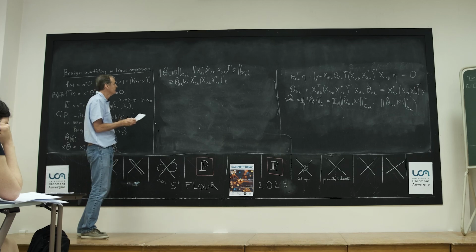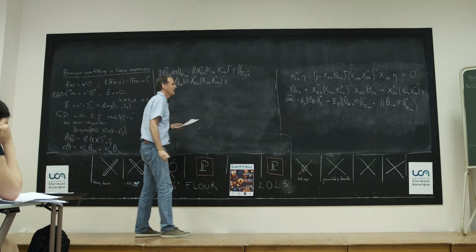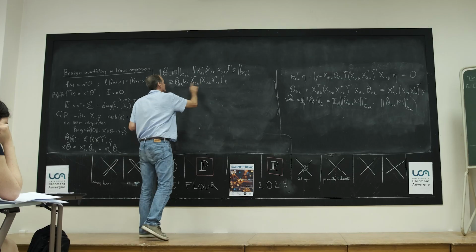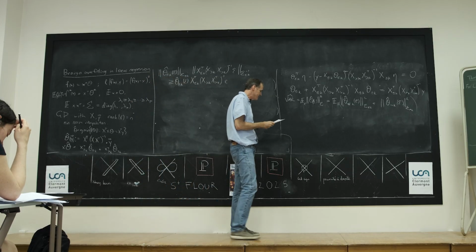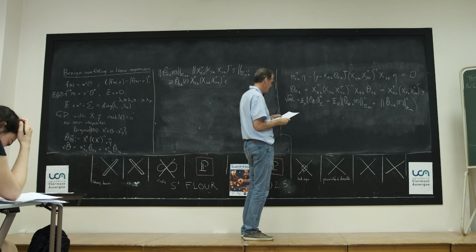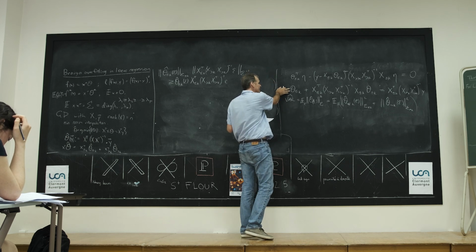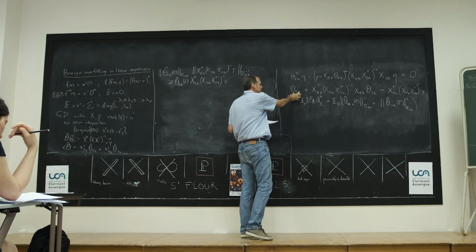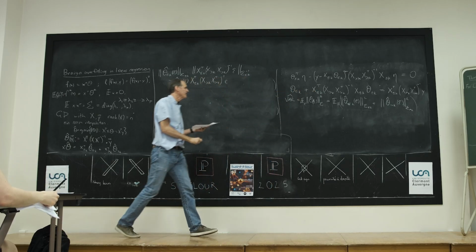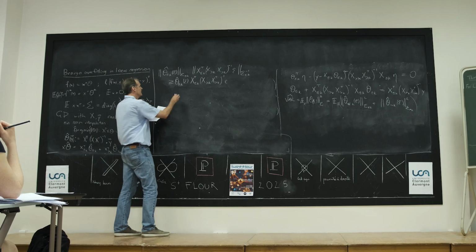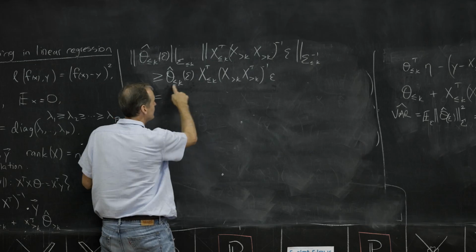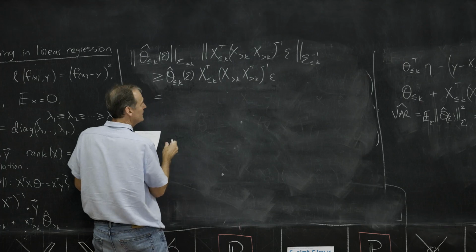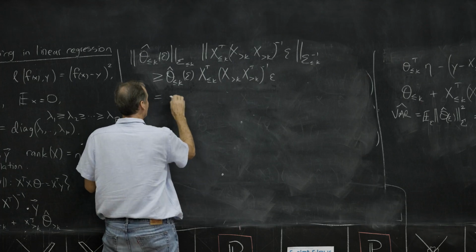And now I can look at what happens for this kind of quadratic form involving theta hat and epsilon, using our expression here for the constraint that the first k components need to satisfy. So this gives us that it's at least this much. We can write that out as theta hat k epsilon.